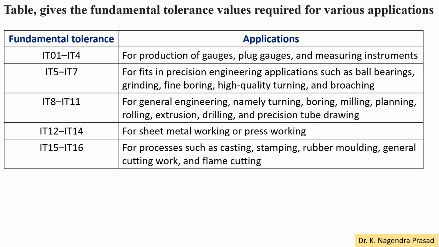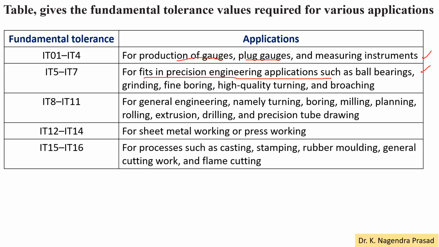So IT01 to IT4 is for applications such as the production of gauges, plug gauges and measuring instruments. And IT5 to IT7 is for fits in precision engineering applications such as ball bearings, grinding, fine boring, high quality turning and broaching.